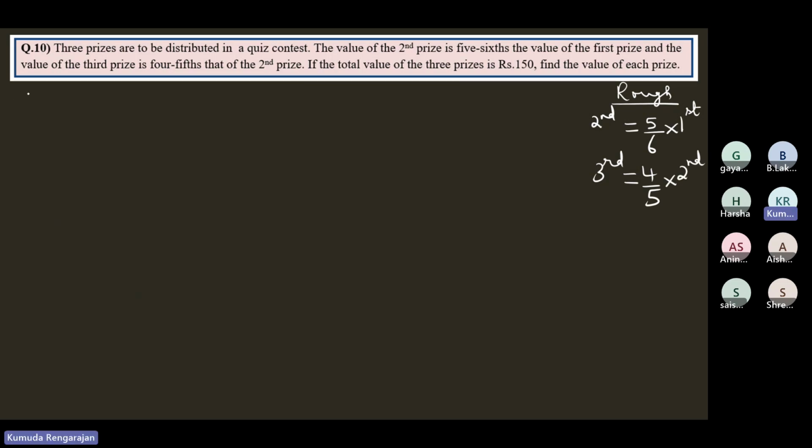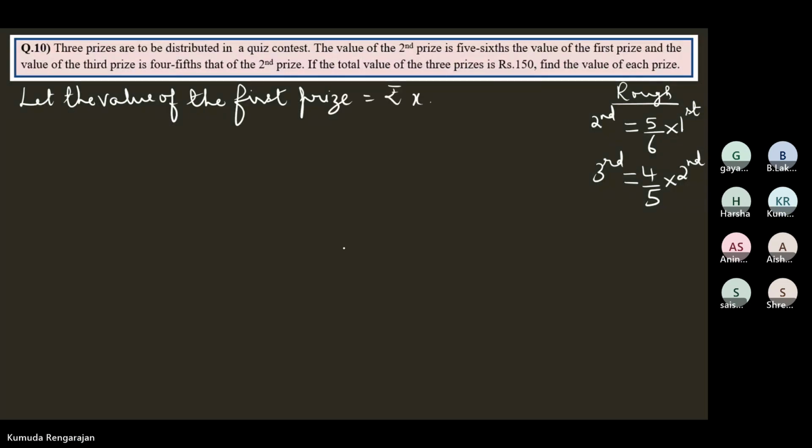So now let's assume the first prize to be X. Let the value of the first prize be rupees X. So now see, if the first prize is X, what is the second prize? Second prize will be 5/6. If the first prize is X, the second prize will be 5x/6. You can see it here.